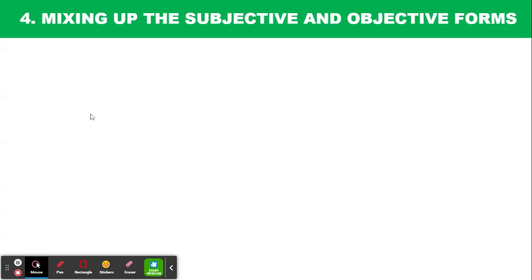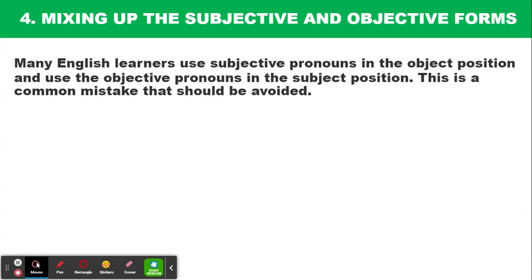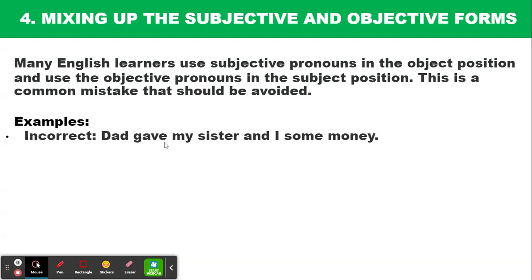Number four, mixing up the subjective and objective forms. Many English learners use subjective pronouns in the object position and use the objective pronouns in the subject position. This is a common mistake that should be avoided. For example, "Dad gave my sister and I some money."